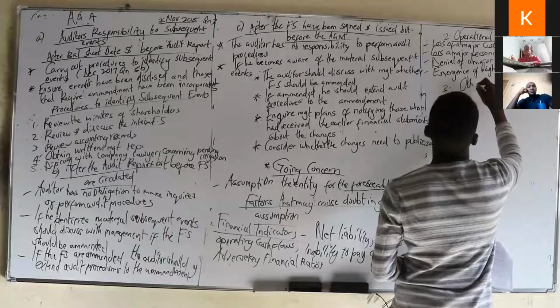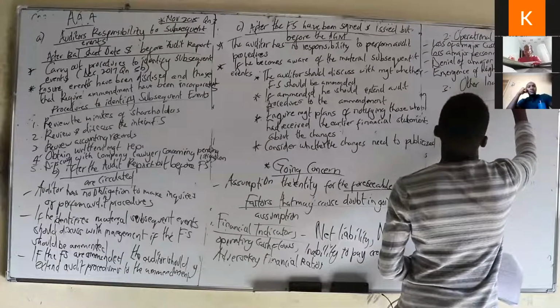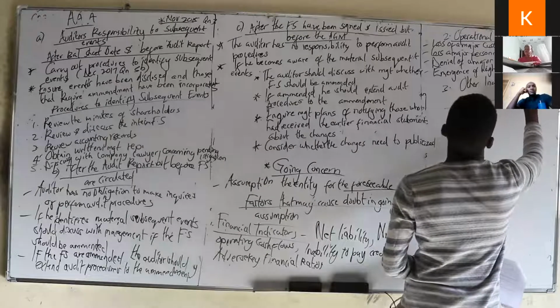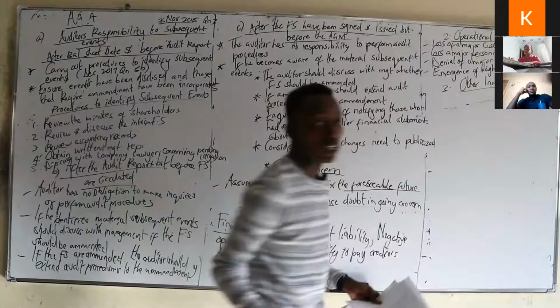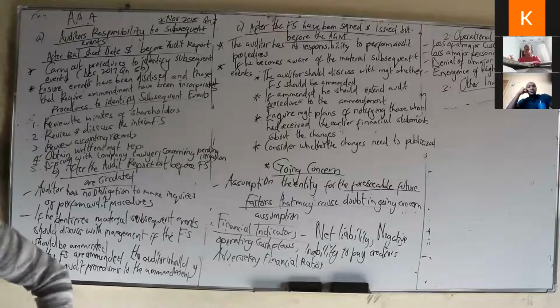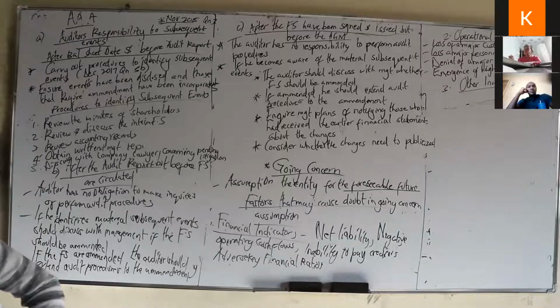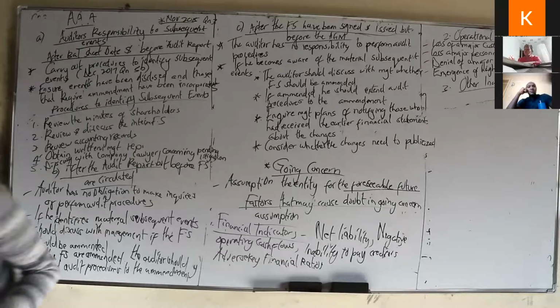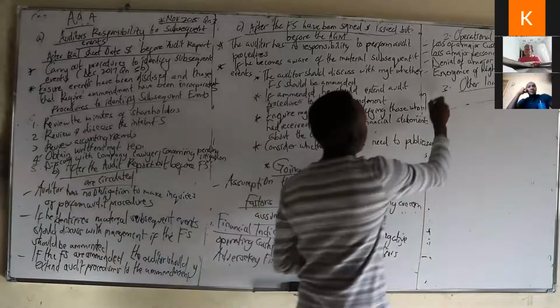And then we have the other indicators, other than the operational and the financial ones. For example, any pending legal litigations, also pending legal proceedings against the company.